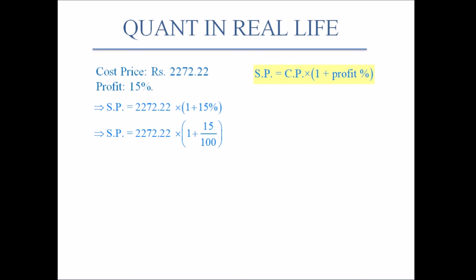This implies selling price is equal to 2272.22 into 1 plus 15%, and 15% can be written as 15 by 100. After calculating, we get the selling price is equal to 3521.941 rupees, which is the approximate value.